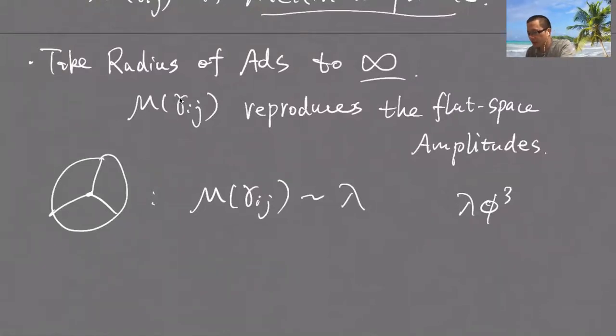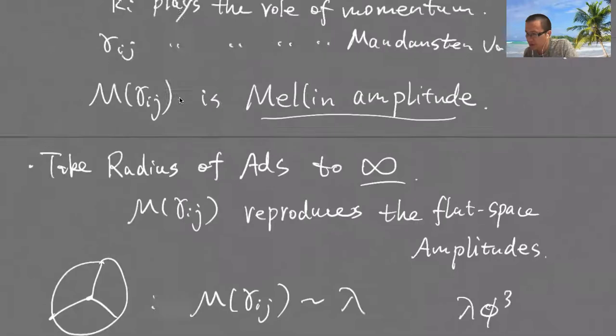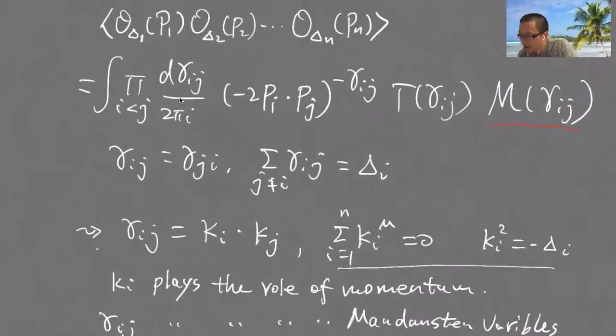Another important point: as you can see, when I define the Mellin amplitude, I factor out this gamma function part. Another inverse Mellin transformation would take these two together, but I purposely factor out this gamma function.